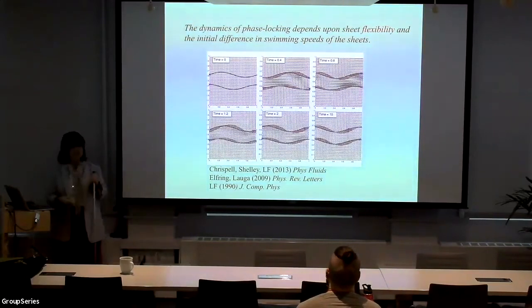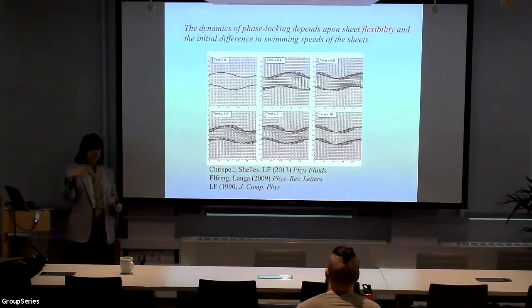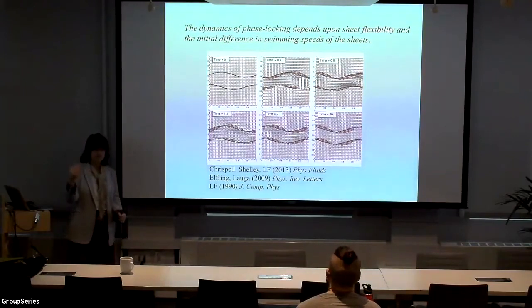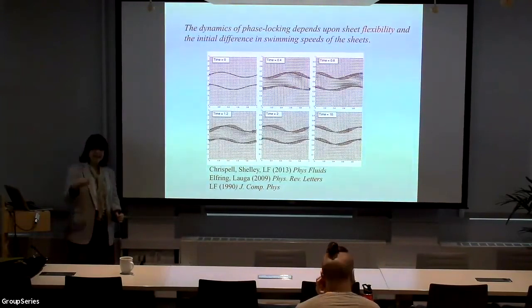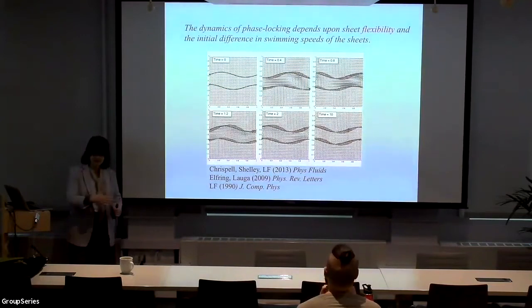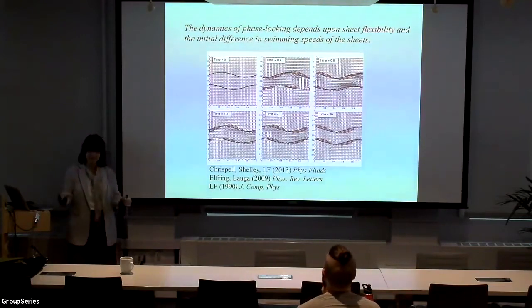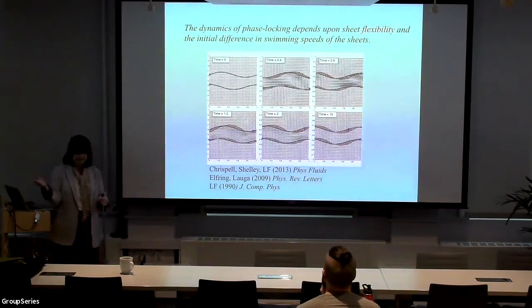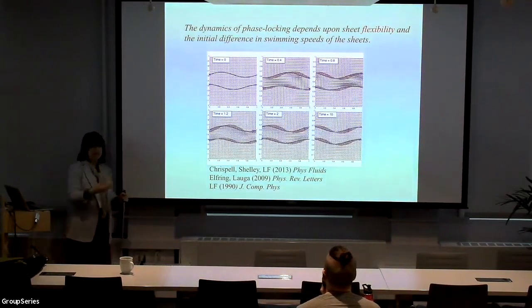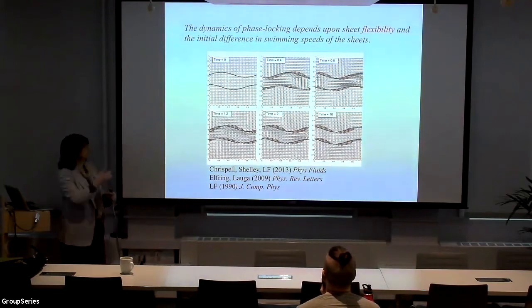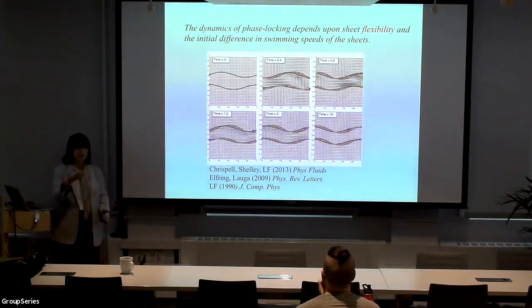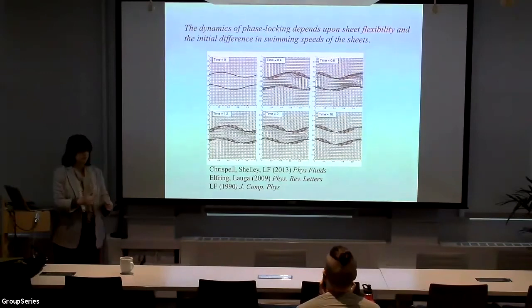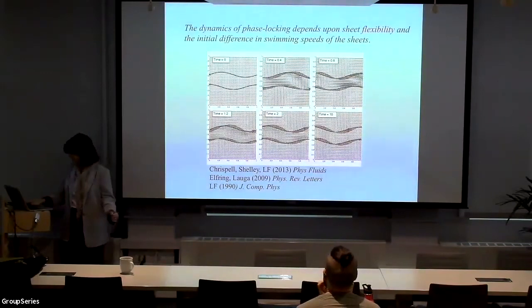Okay, so here's an example where G.I. Taylor stated that if the sheets are in phase, that is the minimal energy configuration. But how that happened, well, in the swimming sheet case, we saw, and we did this in viscoelastic fluid, that the difference in swimming velocity brought that together.